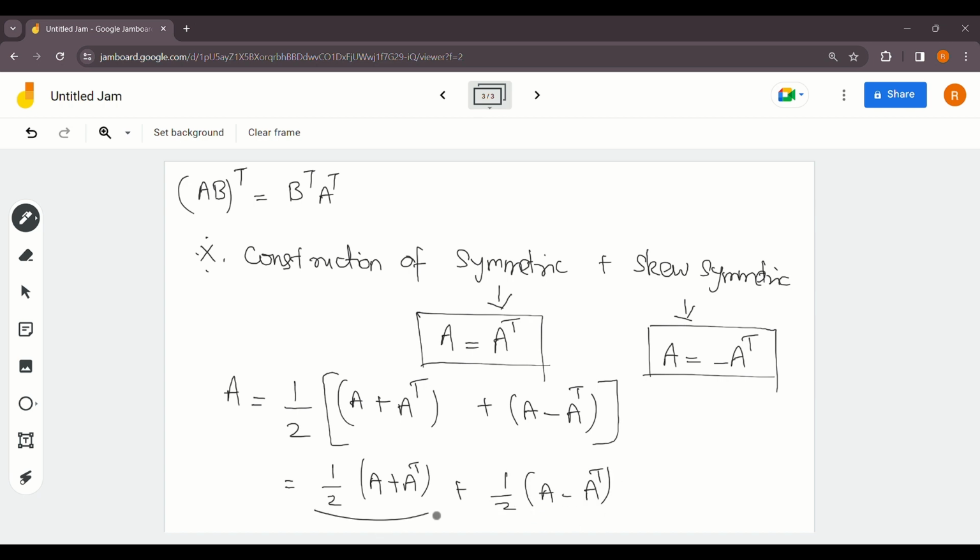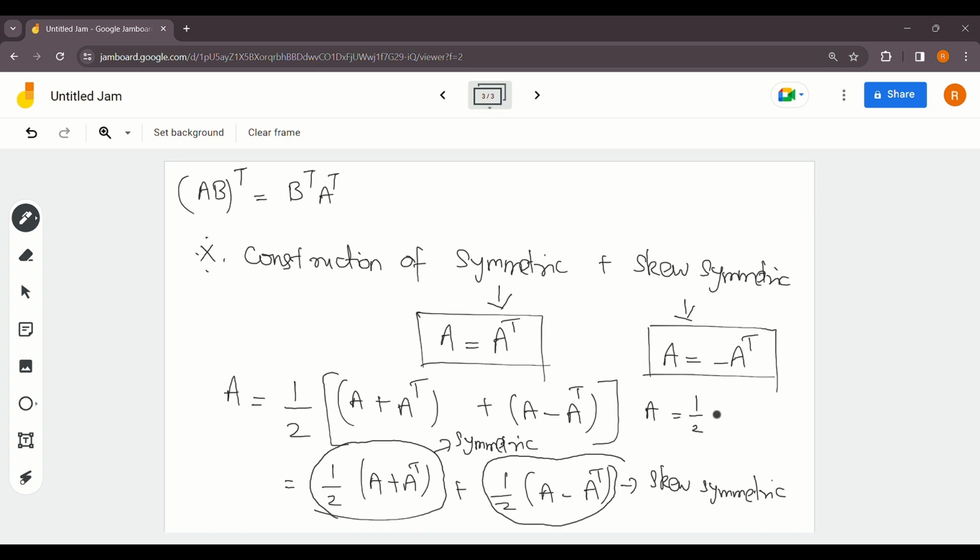The first part is always a symmetric matrix, and the second part is always a skew symmetric matrix. So a given square matrix A can be expressed in this format. This is a very, very important concept in which sums can be asked.